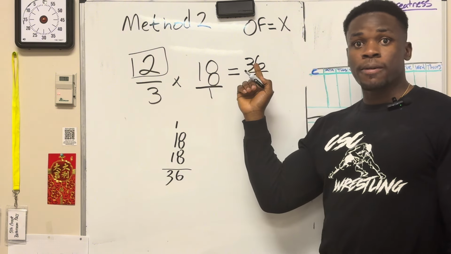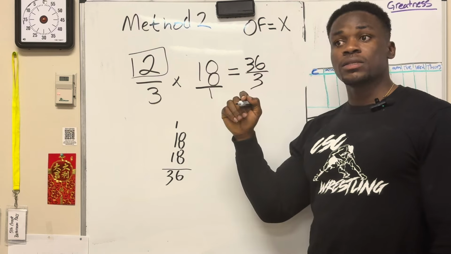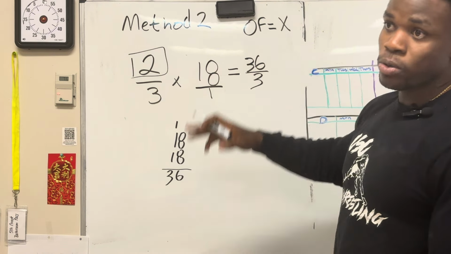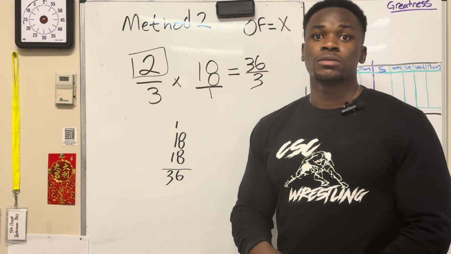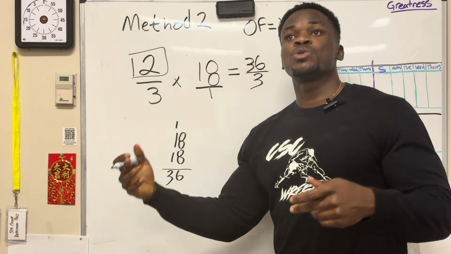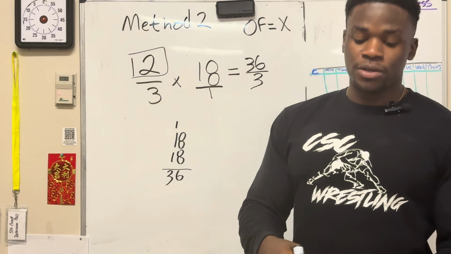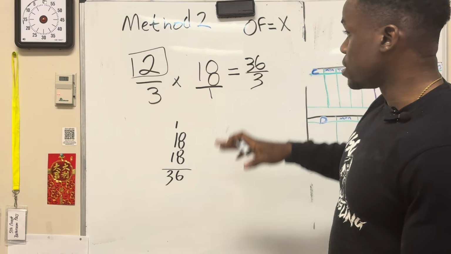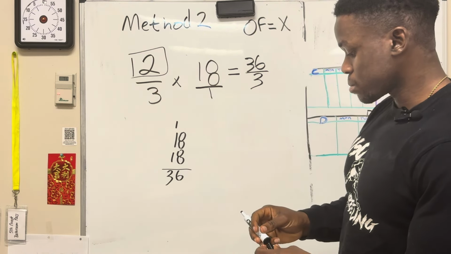Then I ask myself, 36 divided by 3 is what? Or how many times can 3 go into 36? Or 3 times what gets me close or at 36? So that is my goal, but I should still get the same answer.